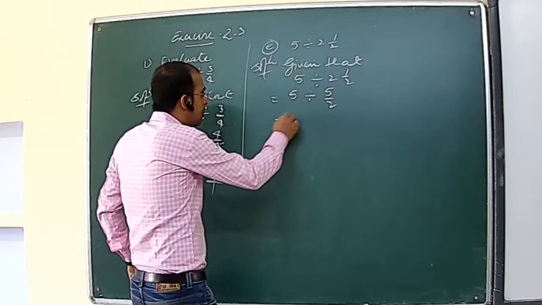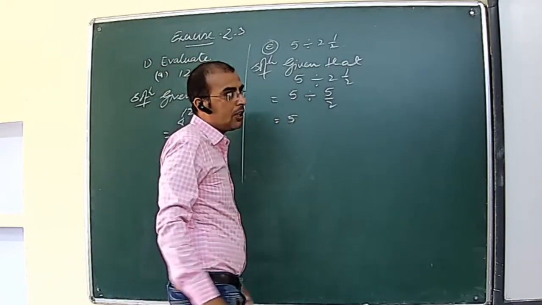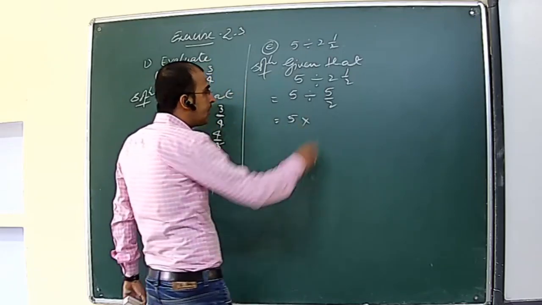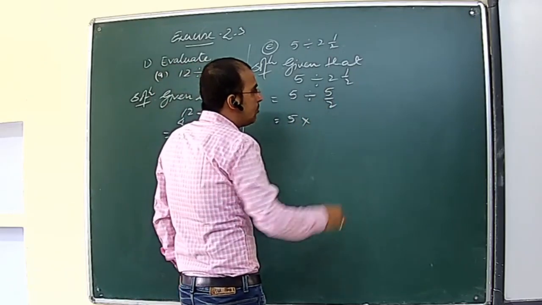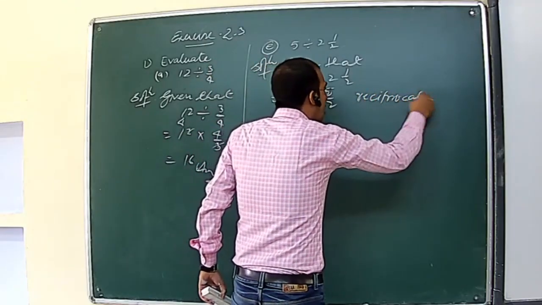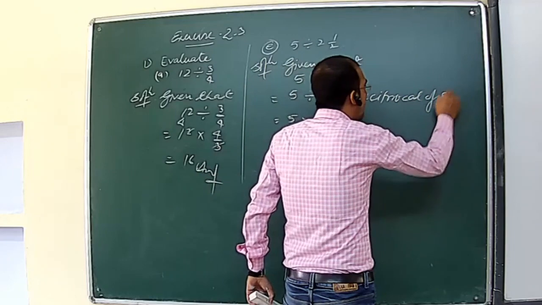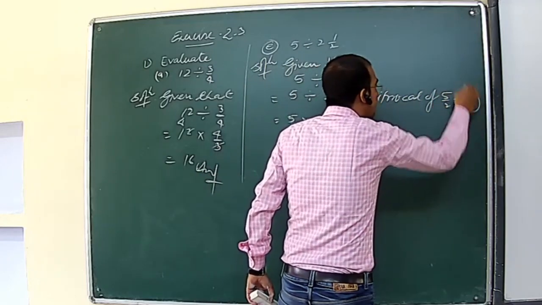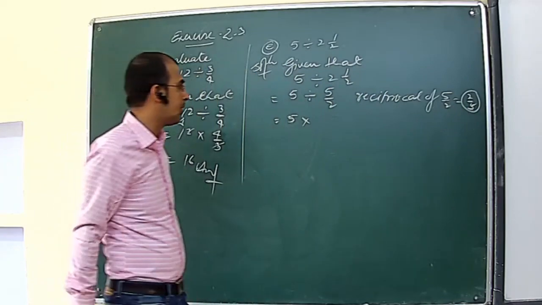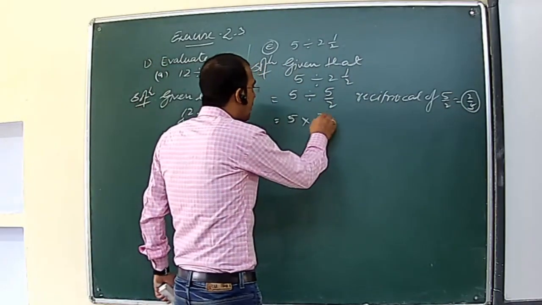You can see 5, and the reciprocal of division is multiplication. We'll write the multiplication, and the reciprocal of 5 by 2 will equal 2 by 5. Remember this, the numerator will change into the denominator and the denominator into the numerator. So we'll write here 2 by 5.